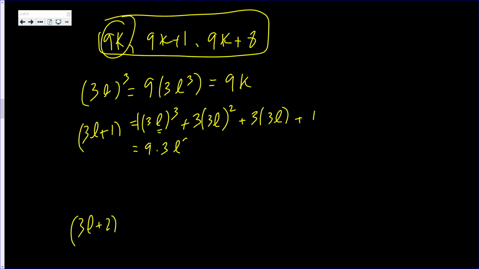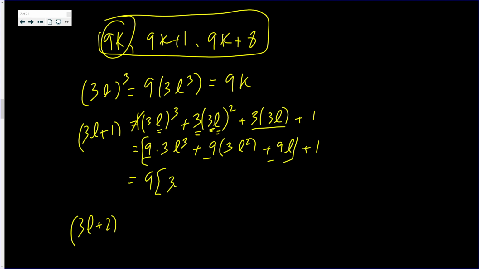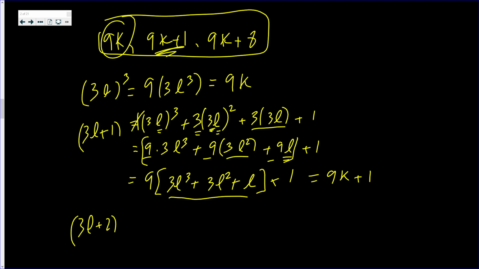Don't forget to cube the L. You could ignore the 1. Plus, 3 squared is 9. You have another 3, and you have to square the L. Here, you just have 9L plus 1. Well, I can factor out all those 9s, and I have 9 times (3L cubed plus 3L squared plus L) plus 1. This is an integer. Call it K. So it's 9K plus 1, which is allowed.